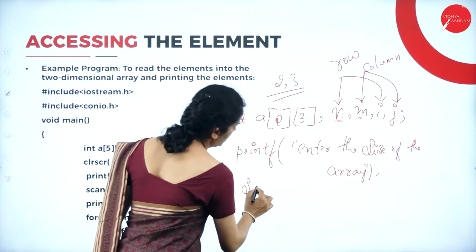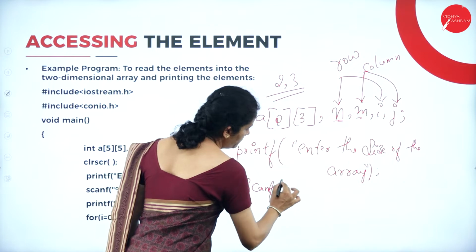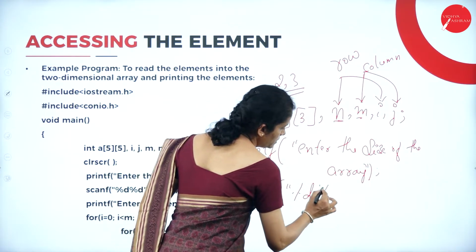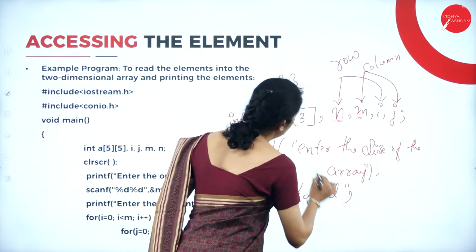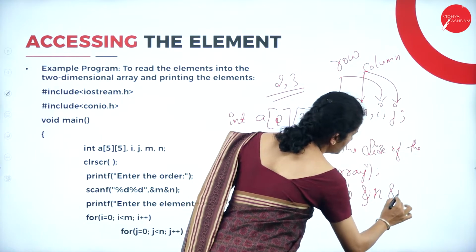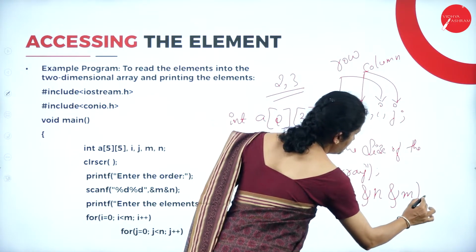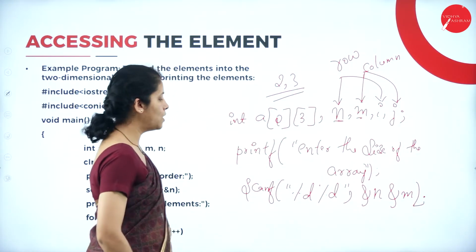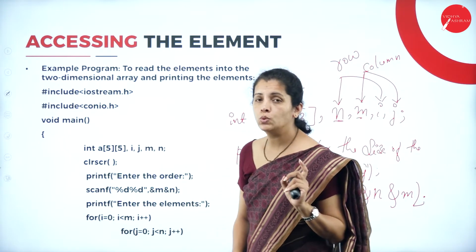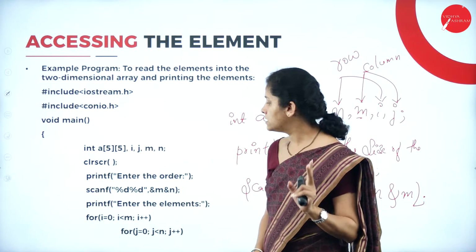For that, I'm going to write scanf %d because 2 indexes, ampersand n and ampersand m. Now I got the size, that is row size is 2 and column size is 3.